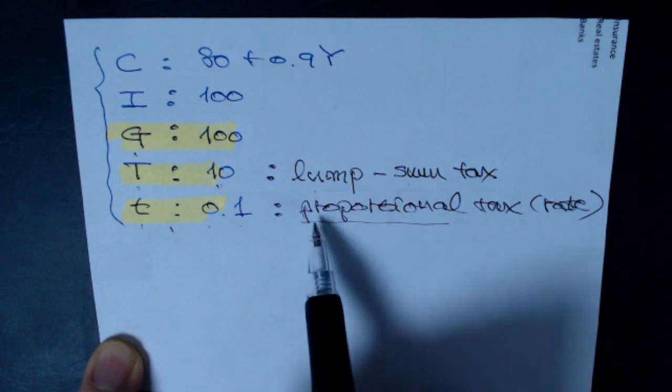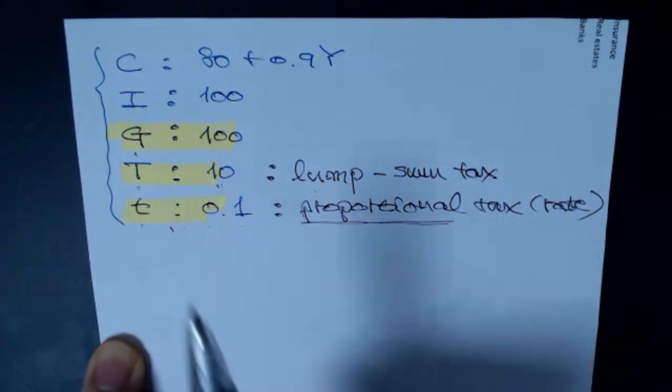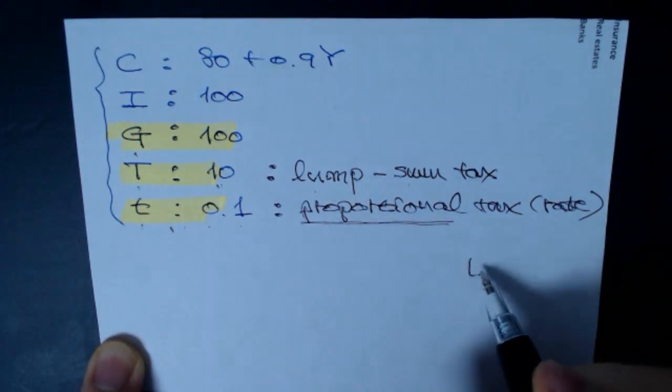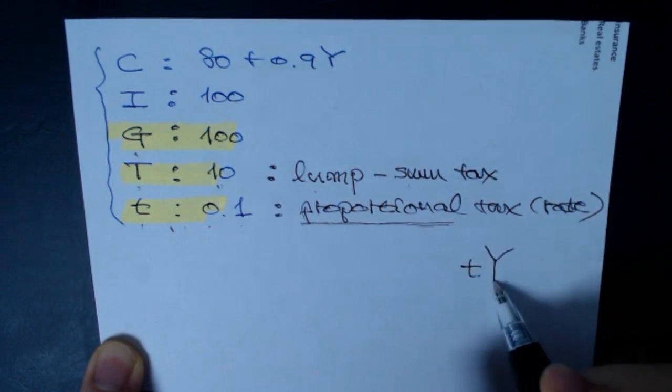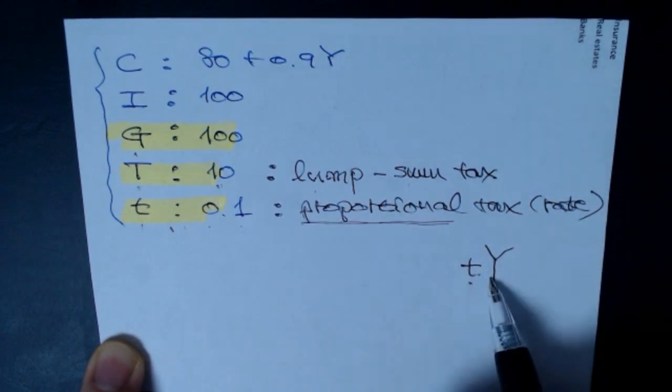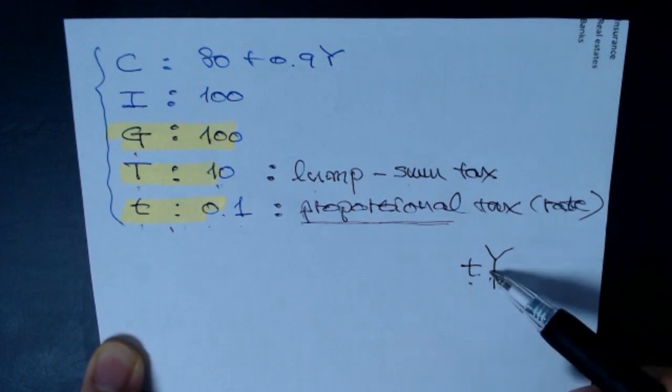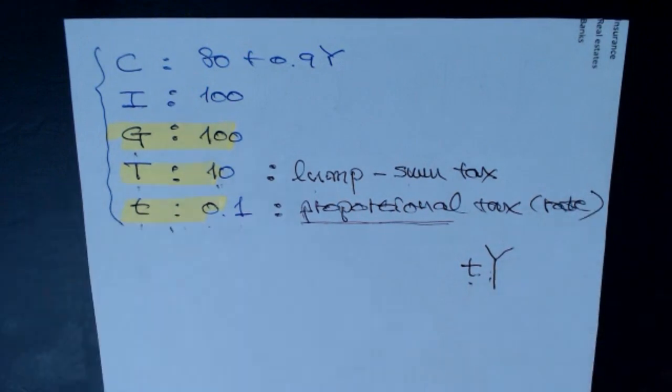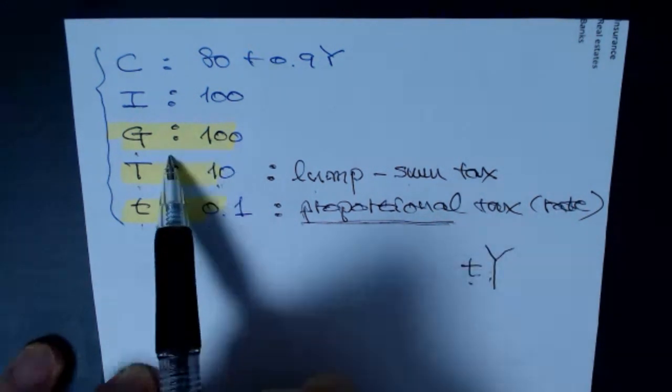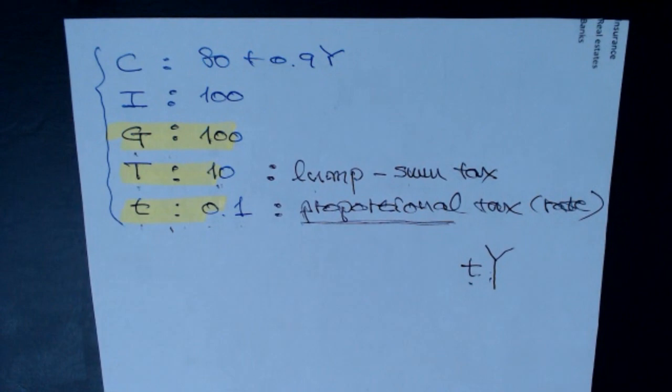The reason I use the adjective proportional is because the tax is imposed in this way: t multiplied by income. So the higher the income, the more tax should be paid. That's what we call proportional tax, right? And government spending remains the same. Example of lump sum tax.